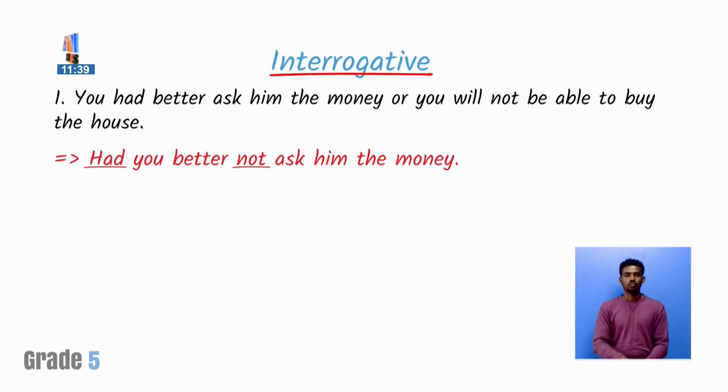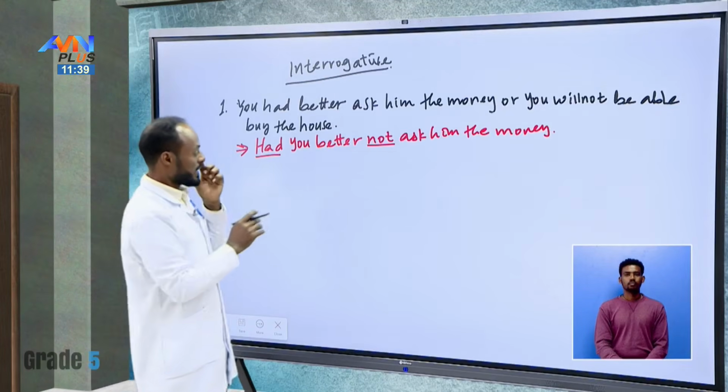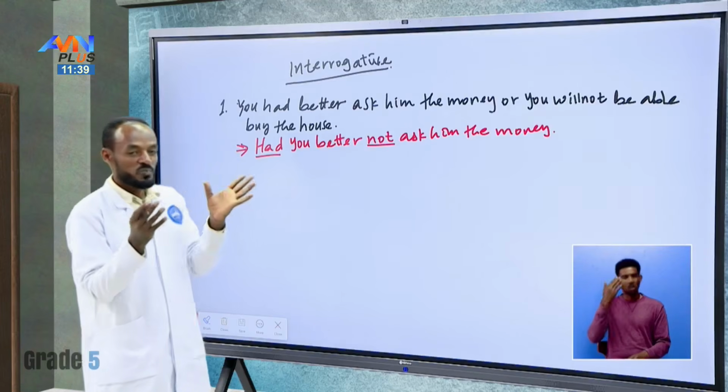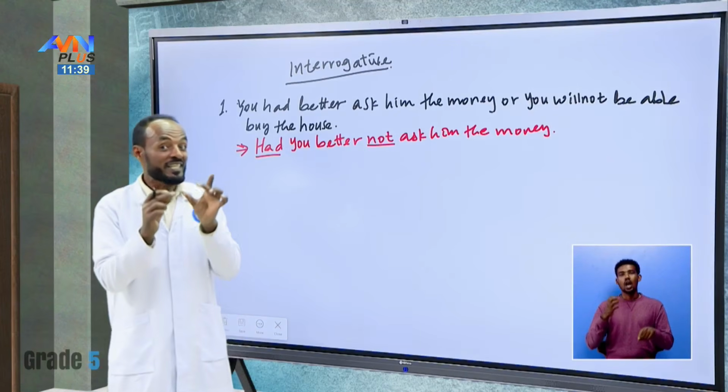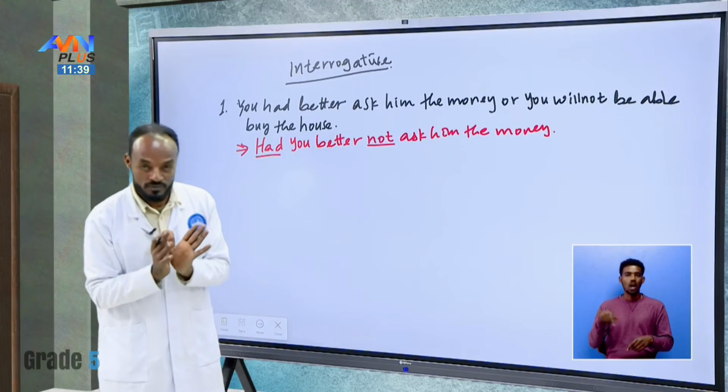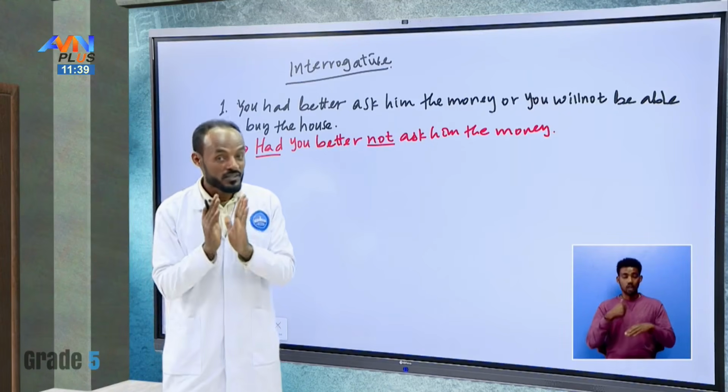We can say here, still it is possible. Had you better not. Had you, it's not this much used in English. So, especially had better and ought to are less common in interrogative. Am I right? Good.